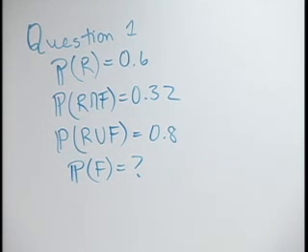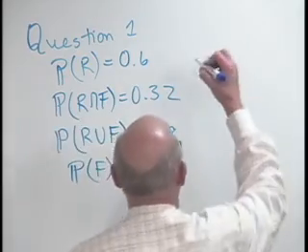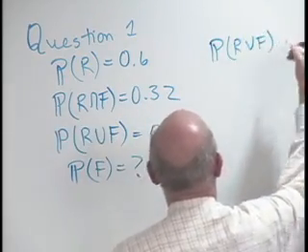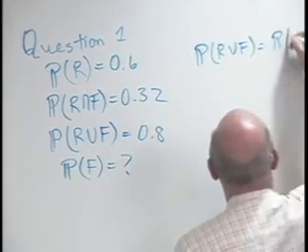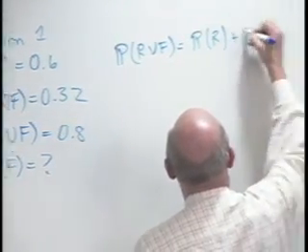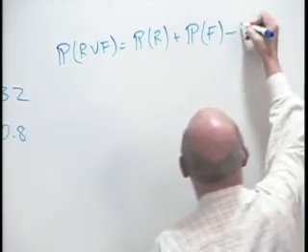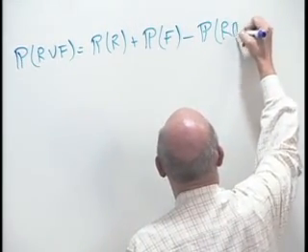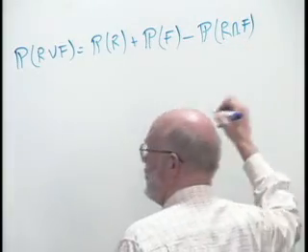Well, this is a backhanded inclusion-exclusion question. There are 4 items included in the inclusion-exclusion principle, and we're given 3 of them here, though not the usual 3. So we can start with P of R union F equals P of R plus P of F minus P of R intersect F, and put in the numbers.